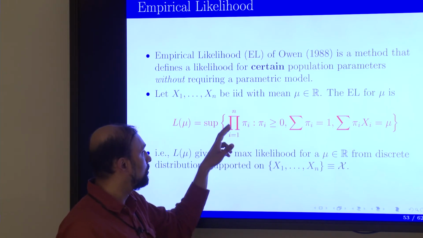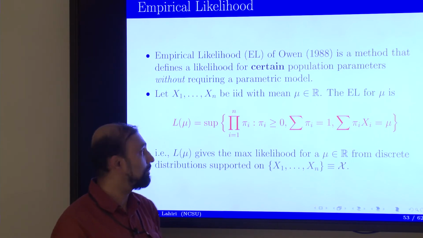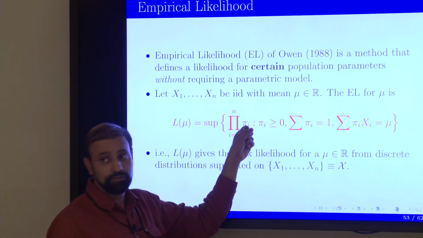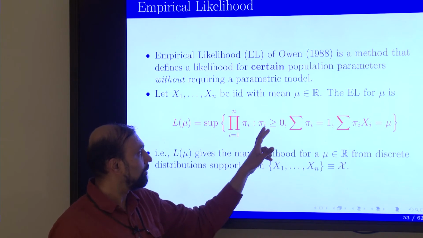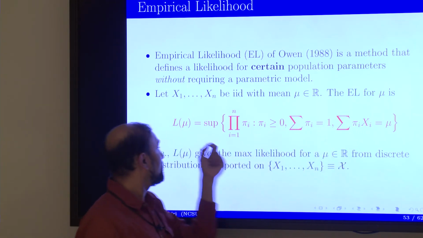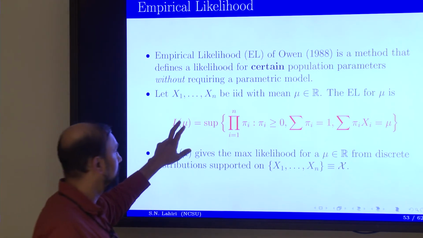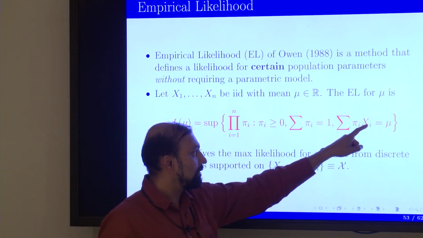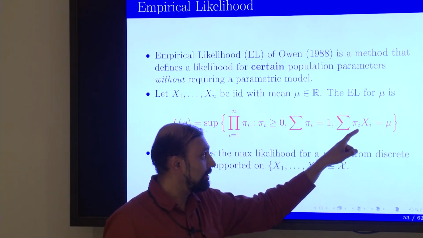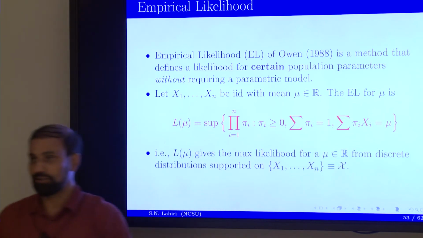And so when you look at the likelihood, the density evaluated at xi, you're essentially multiplying these pi i's, okay? And pi i's are non-negative, they add up to 1. And because you're trying to see how likely it is that the mean has a particular value mu, you look at the mean under this weighted empirical distribution on xi's. That mean should be equal to the hypothesized value.